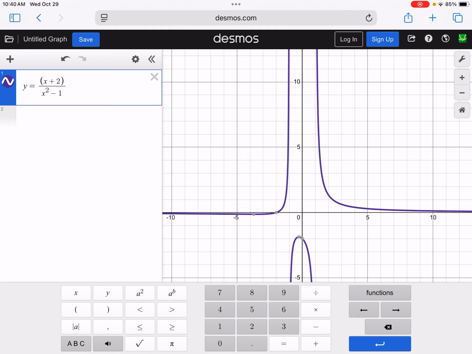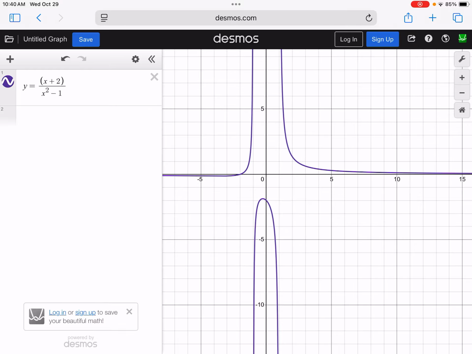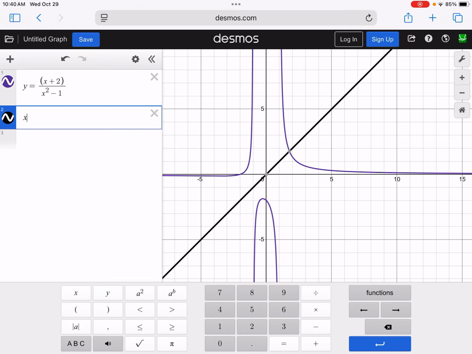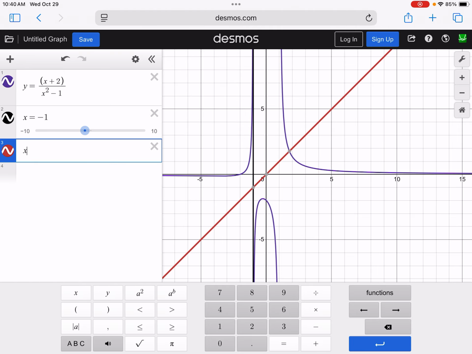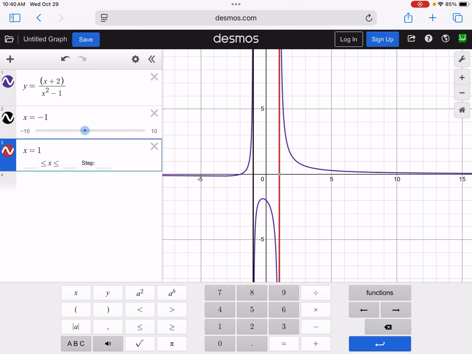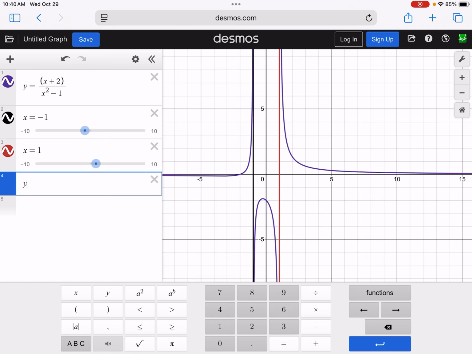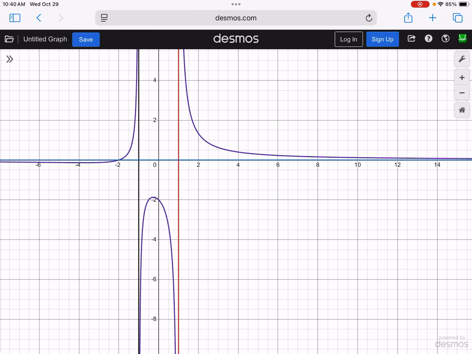Now our graph must look like this one. Let's draw our vertical asymptotes here, x equals negative 1, x equals positive 1, and let's draw the horizontal asymptote y equals 0. So our graph should look like this.